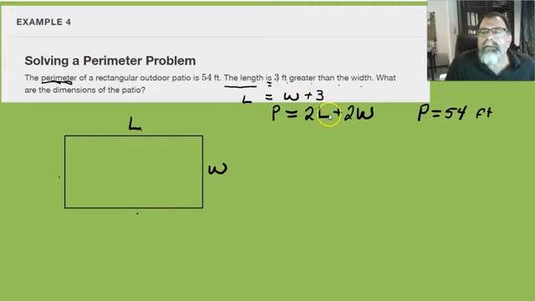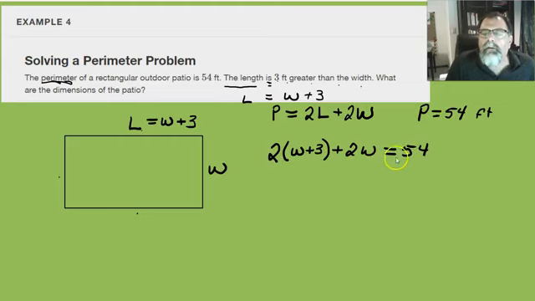We're going to use that to substitute for the L. So we're going to use W plus 3 for the L. So 2 times W plus 3, plus 2 times W, that's the perimeter, and we know the perimeter is 54 feet. So you set it equal to 54, and then solve this equation.